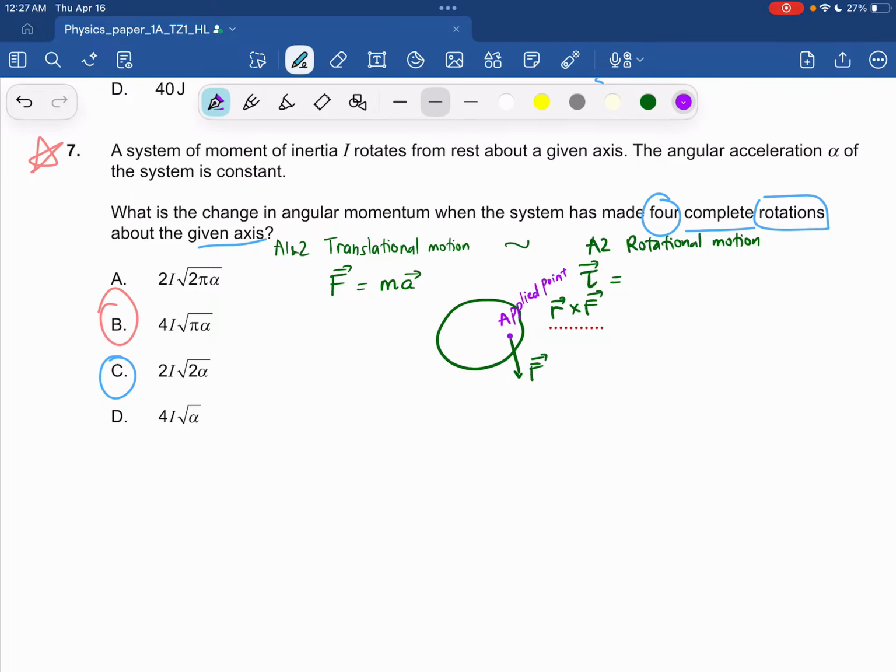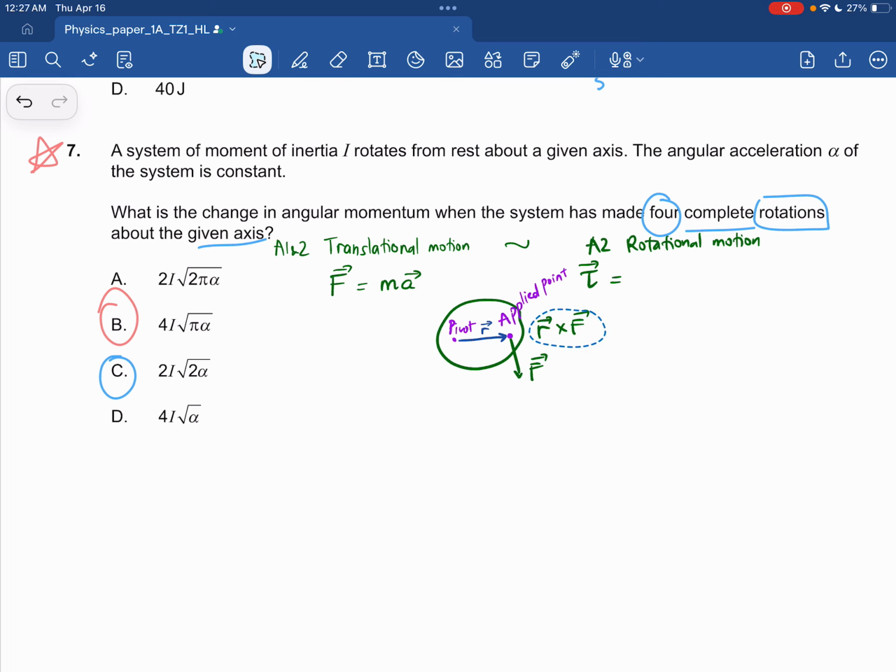If it rotates, it should be rotating around a point, right? We call this the pivot point. If you draw a vector from the pivot point to the applied point, that's the radius r. So basically torque is the cross product of vector r cross vector F.